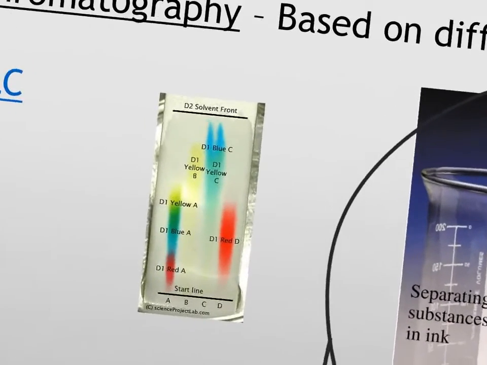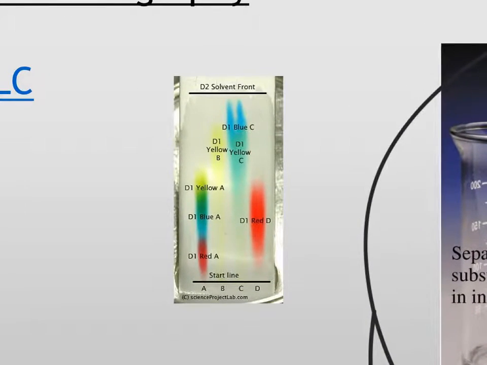So as you can see here, this spot ran up, and as the solvent went up, it separated into what looks like three different colors: red, blue, and yellow. The yellow and blue are still intermixed here, giving you the green, but if it was allowed to run longer, they would separate completely.